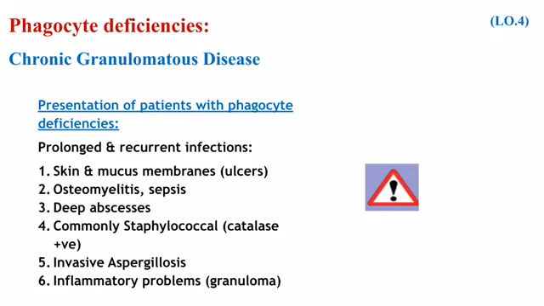Staphylococcal, which is catalase positive, infection is present in those types of patients. Invasive aspergillosis, possibly inflammatory problems, and granuloma formation. I think you remember granuloma from pathology lectures. You have a lecture about how granuloma forms and its structure.